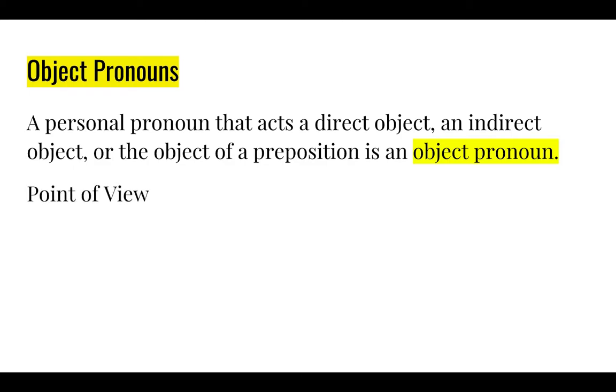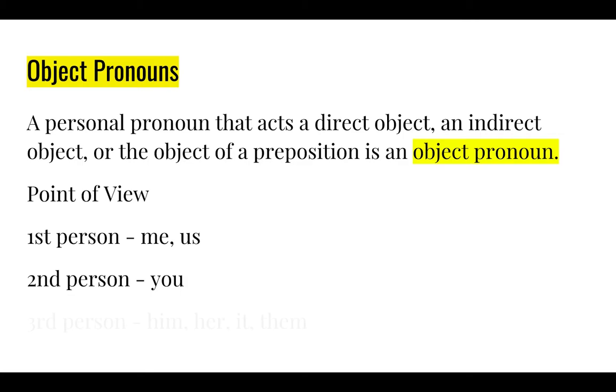So when we're looking at point of view, those first person pronouns change into me and us. Second person stays you, yay for that one. But third person also changes. Him, her, it, and them. Now, yes, it stays the same, but the other three do change if they're towards the end of the sentence.